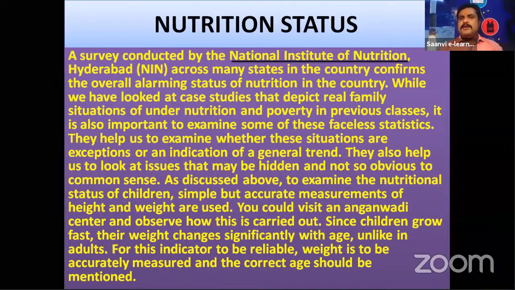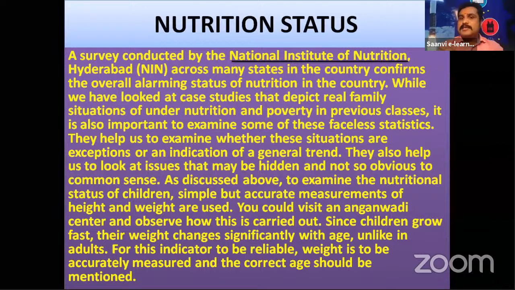It is like a dot of different nutritious levels on a graph. They help us to examine whether these situations are exceptions. What is exception? Not included, we can say. Or indication. What do you mean by indication? Of general trend. Indication is nothing but noting a general trend. They also help us to look at issues that may be hidden and not so obvious easily to common sense.